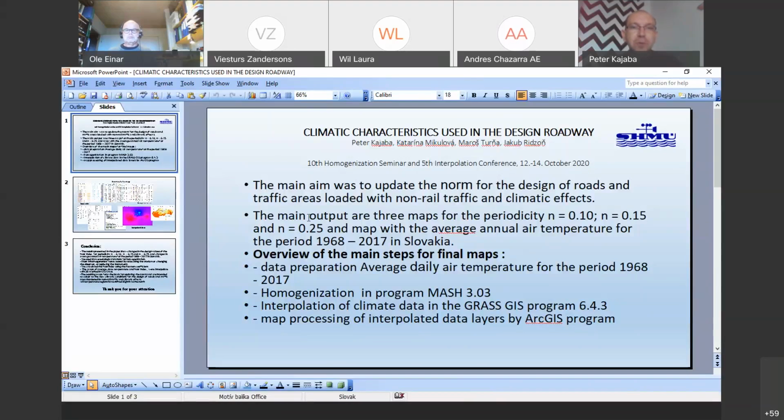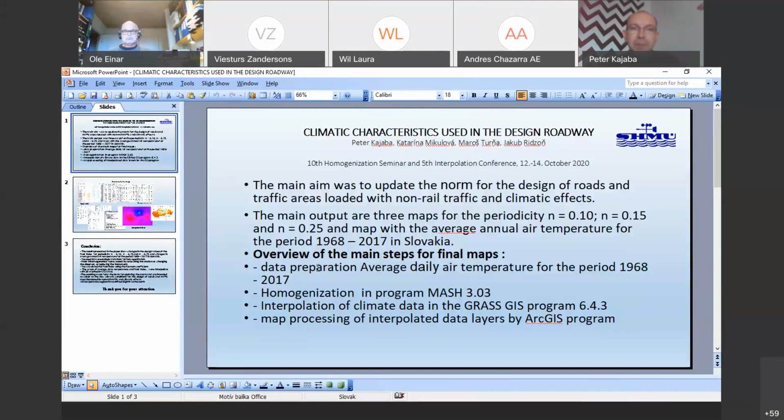The main outputs are three maps for the periodicity 0.1, 0.15 and 0.25, and a map with the average annual air temperature for the period 1968 to 2017 in Slovakia.